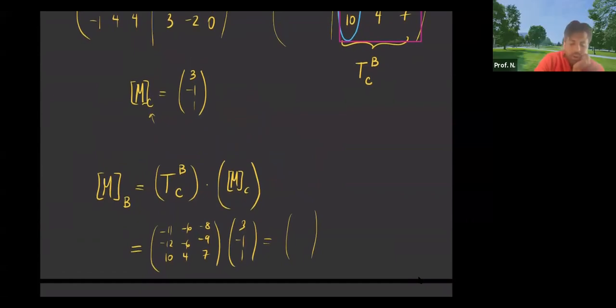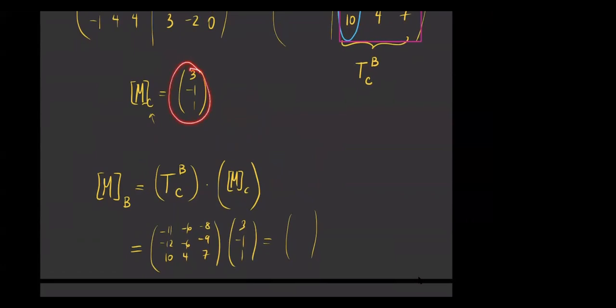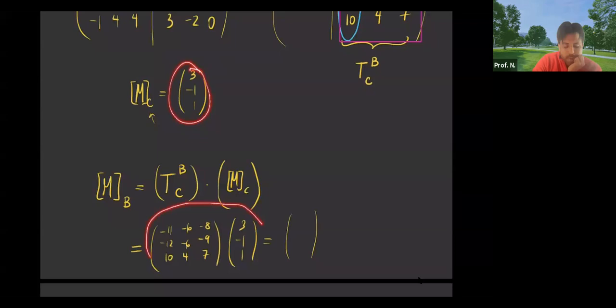Which vectors are you particularly talking about? Like, for example, this one here, M of B. When you multiply this out, you get a certain column vector, correct?